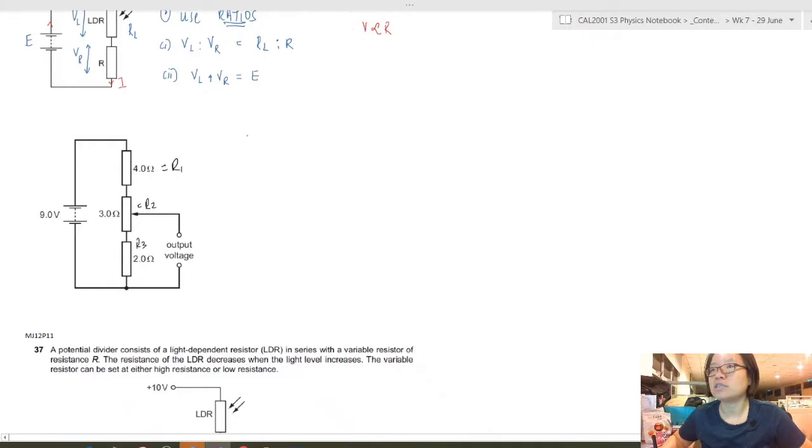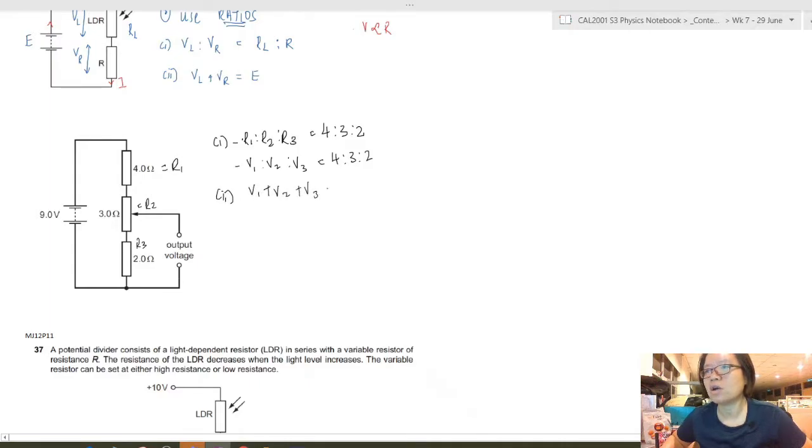Since R1 ratio R2 ratio R3 is 4 to 3 to 2, hence V1, the potential across R1, ratio V2 ratio V3 will also be equal to 4 to 3 to 2. But also at the same time, the sum of all the potential differences will be equal to the battery that is connected across it. Then you do maths.